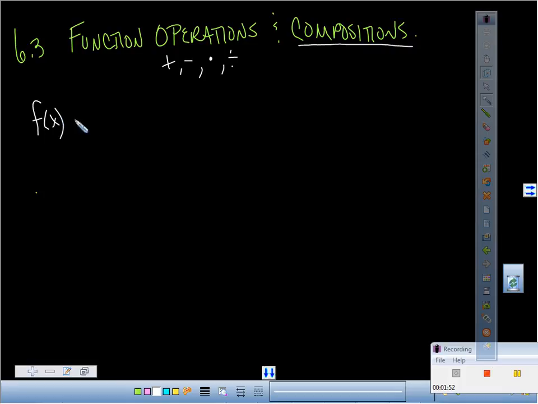Let me tell you the 2 different ways they can write it. They can say, what's f of x plus g of x? Or they could write it like this, f plus g of x. Most of the ones that they're going to talk about in Algebra 2 are going to be written like the left-hand side.